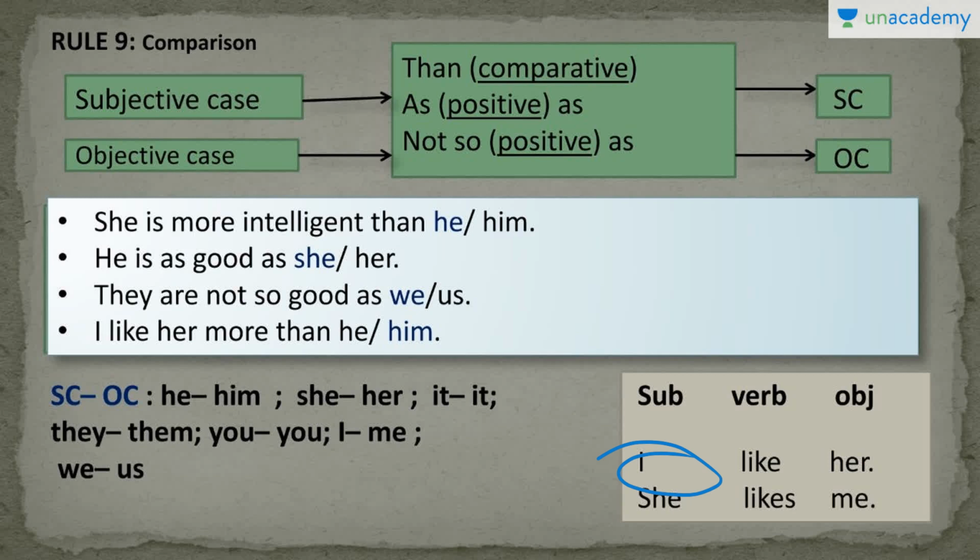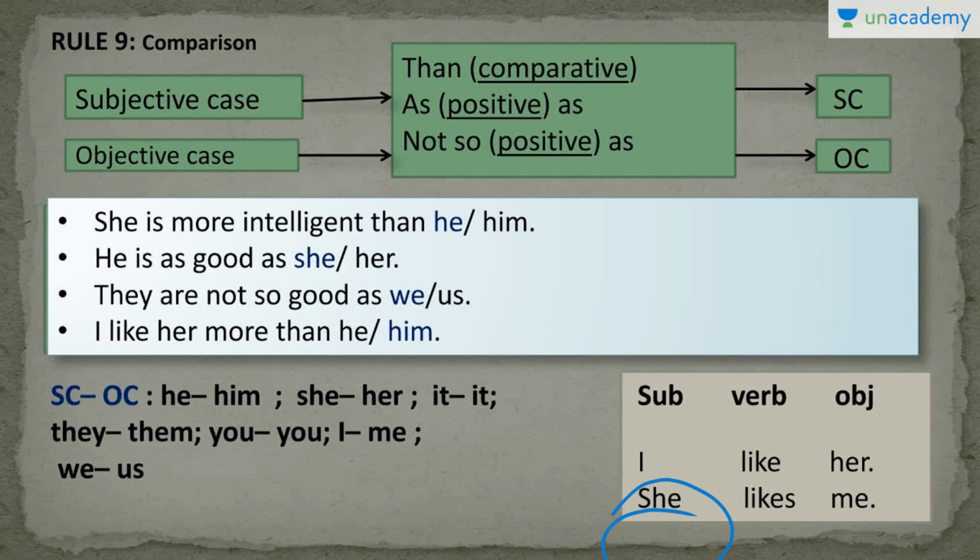Similarly, in the second sentence, you cannot write her in place of she. If you do so, the sentence would become her likes me. Of course, again, this sentence is incorrect, and the reason is absolutely the same as the previous one, that this place is for a subject and you cannot use an object here, and her is the objective case of the pronoun.